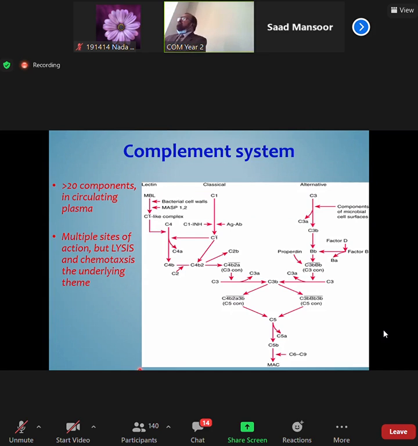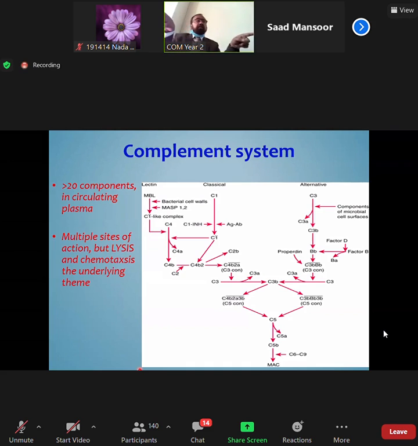Ultimately, we reach C3. This is an important one, which you have to remember. Then C3a forms vasodilation or anaphylatoxin. C3b is an opsonin, right? And if it is not attaching to the bacteria, it will go down and activate C5.